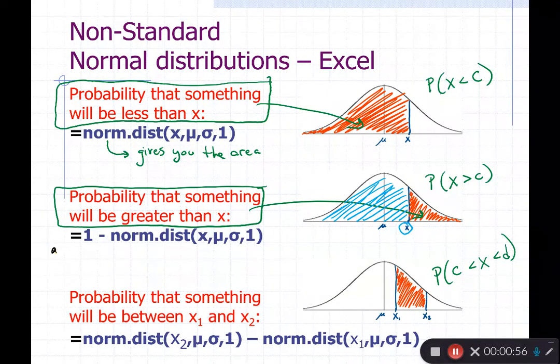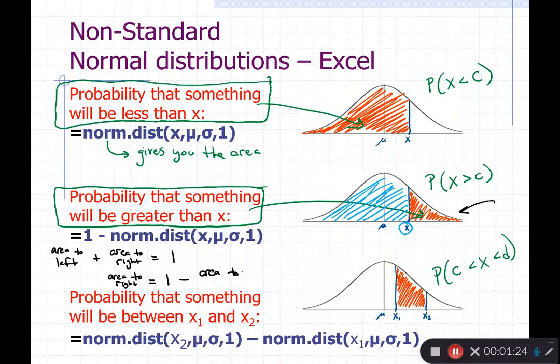So let's say area to the left plus area to the right equals 1. Okay, so if we want the area to the right, which is the red area here, we could say the area to the right is equal to 1 minus the area to the left.